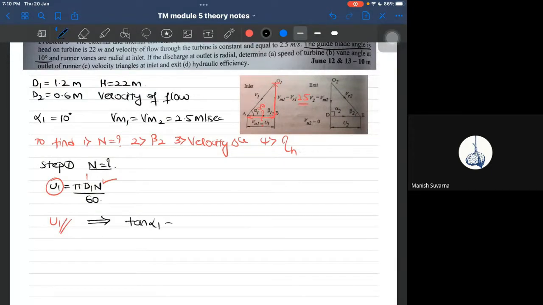Tan alpha 1 is opposite, Vm1, divided by adjacent, U1. So from this, U1 is equal to Vm1 divided by tan of alpha 1. Now substitute the values. Vm1 is 2.5 divided by tan of alpha 1, which is 10 degrees. So from this, what is the value of U1, guys?